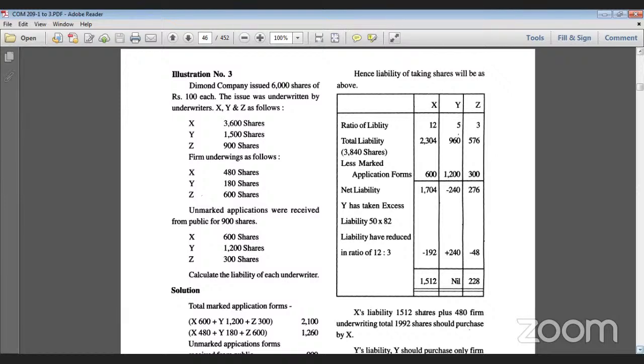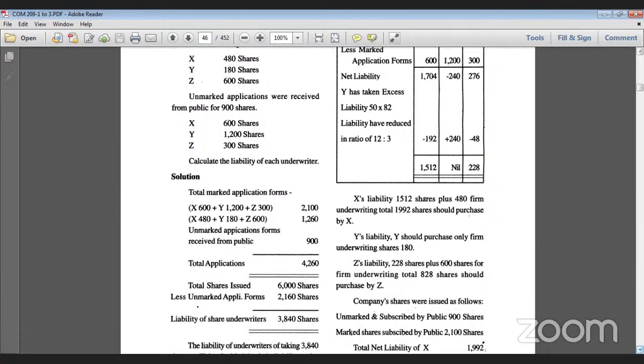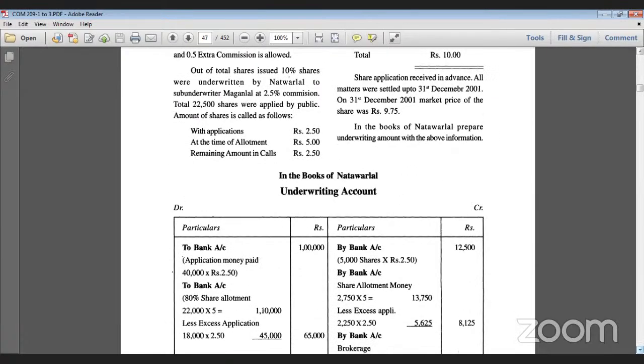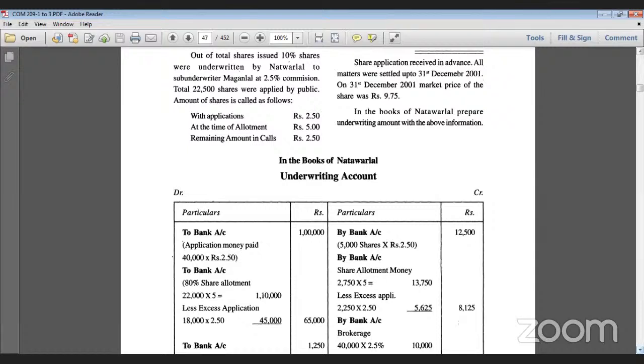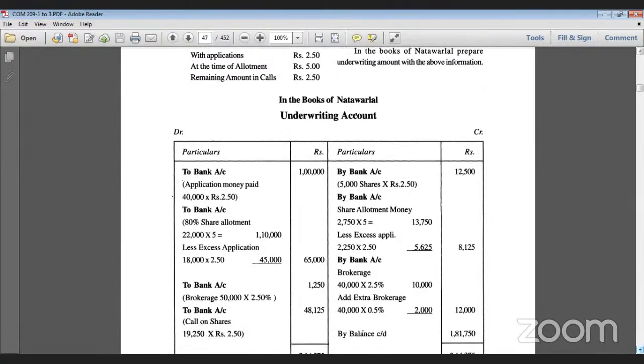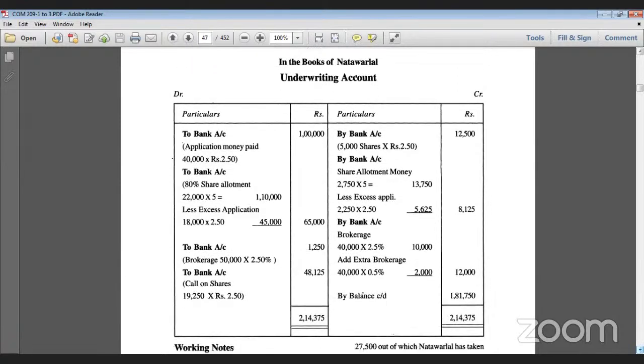So guys, please follow all this information given in your textbook, which will be in your participation for underwriter accounts, which will show on your screen.